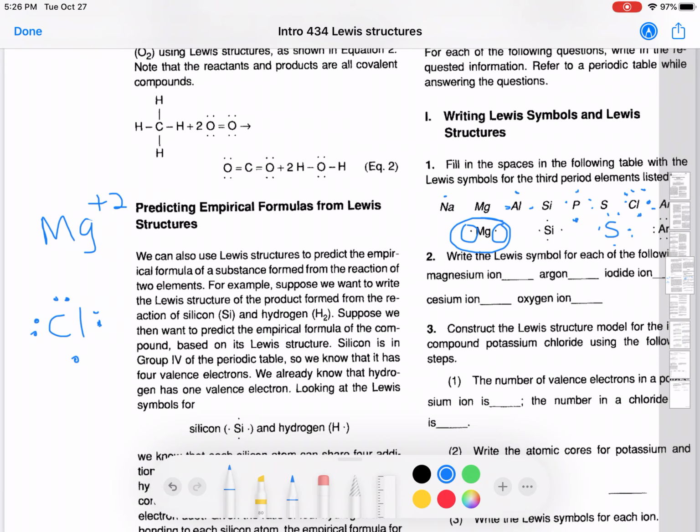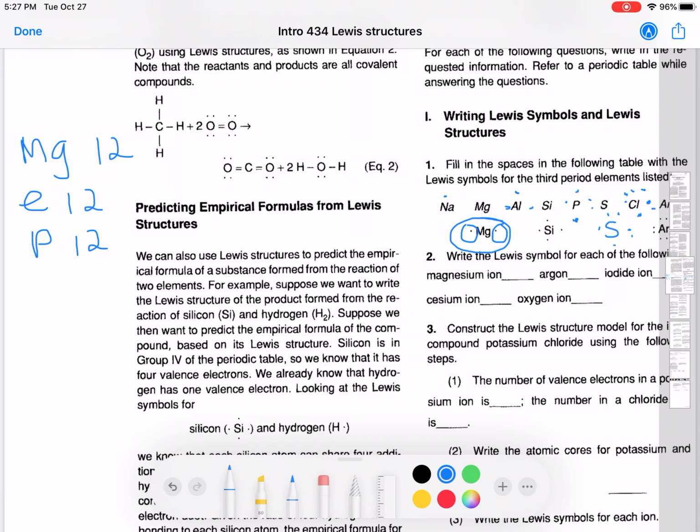Now, how do we get this +2? Let's see magnesium in the periodic table. Locate magnesium in the periodic table and you will see magnesium is atomic number 12, meaning it has 12 electrons. It also has 12 protons.